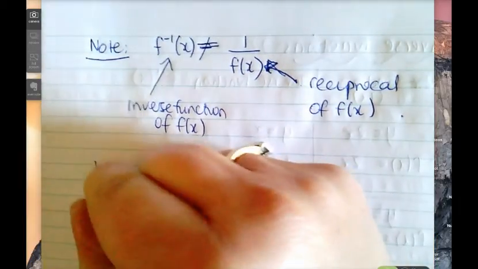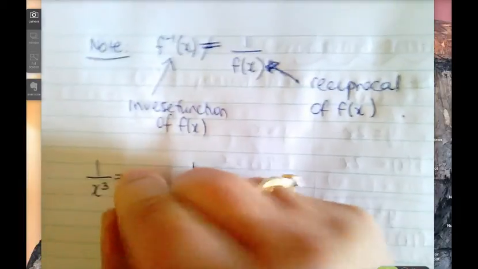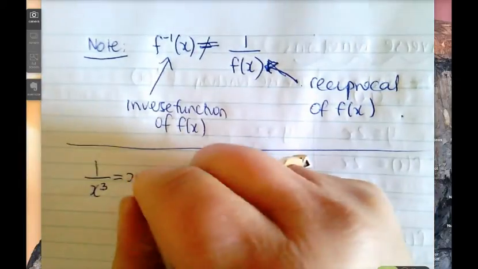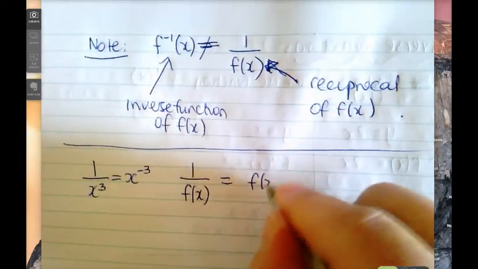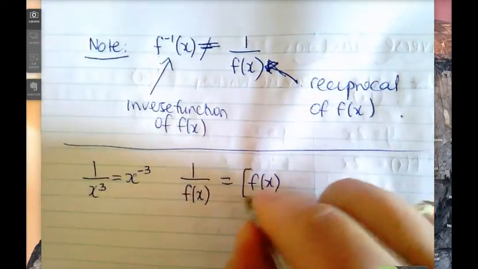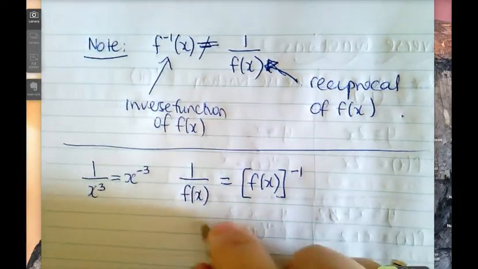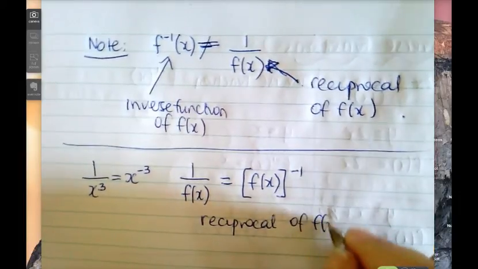What does 1 over function of x mean? They're almost the same, but they're written differently. Let's say I give you 1 over x cubed. How do you write that as a negative index? Isn't that x to the negative third? So how do I write this? Function of x to the negative 1. This is the reciprocal of function of x.